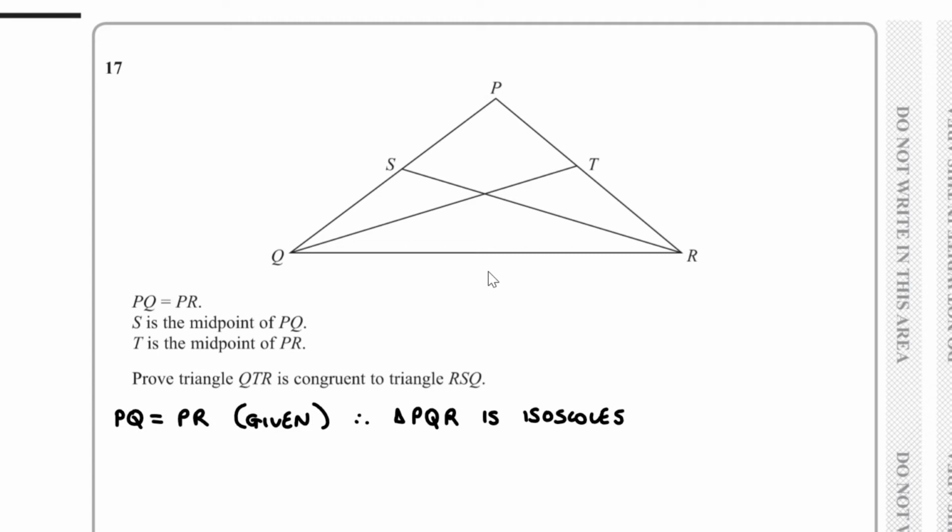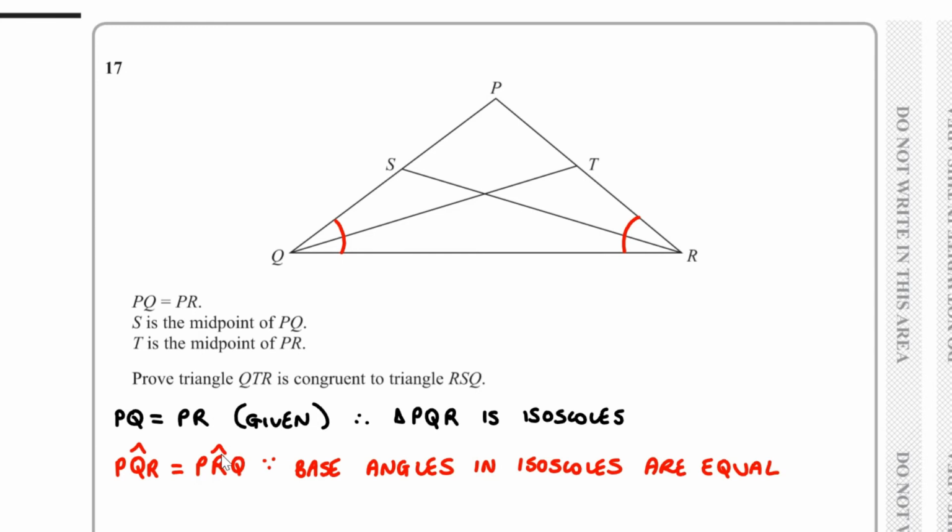And if that's the case, then the angle PQR, this one, is equal to the angle PRQ, this one here. So PQR equals PRQ, and that's because base angles in an isosceles triangle are equal.